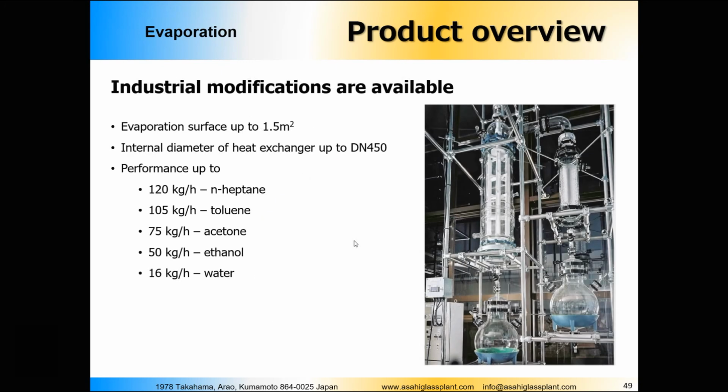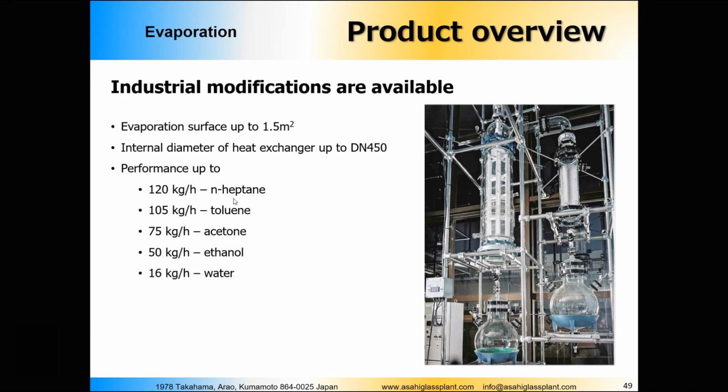Asahi also manufactures not only small lab thin film evaporators but also industrial ones, with an evaporation surface up to 1.5 square meters and internal diameters up to DN 450. I took the rough performance for this size. Let me remember, I think that was for the 1.5 and DN 450 TFE.